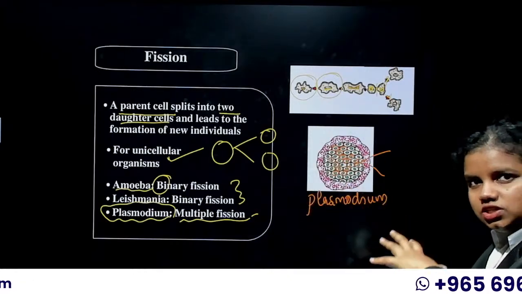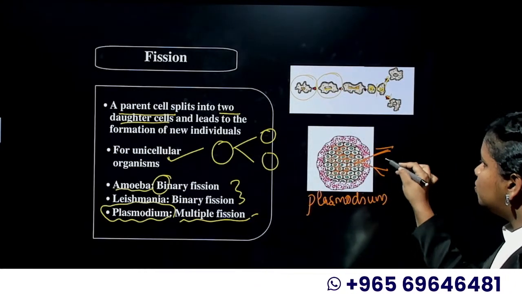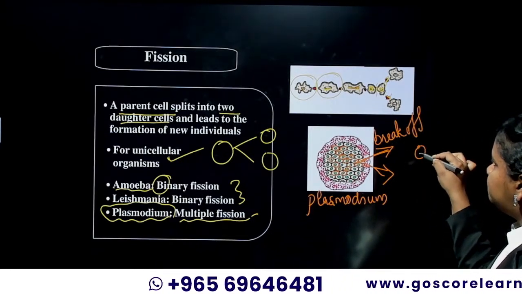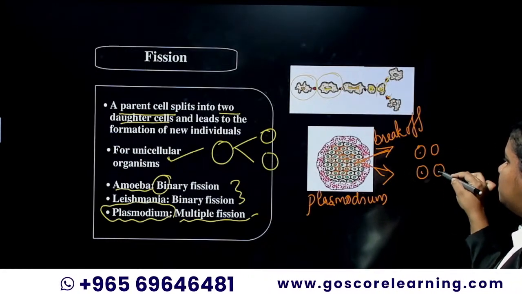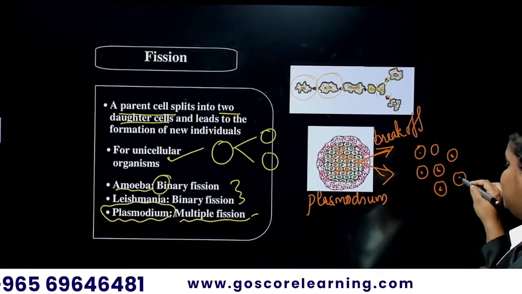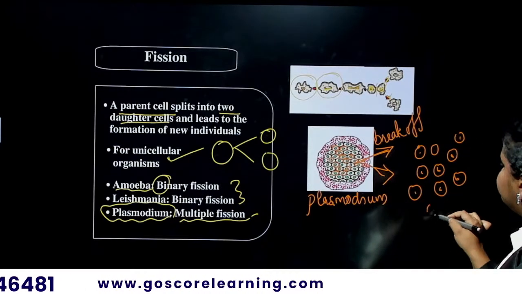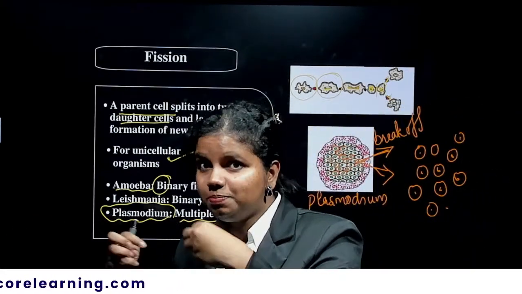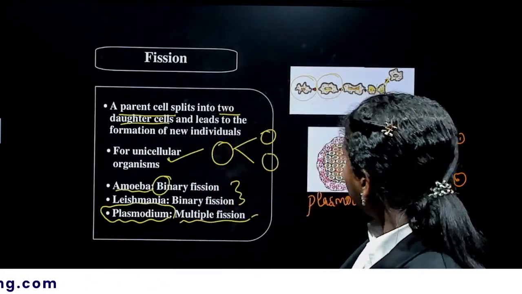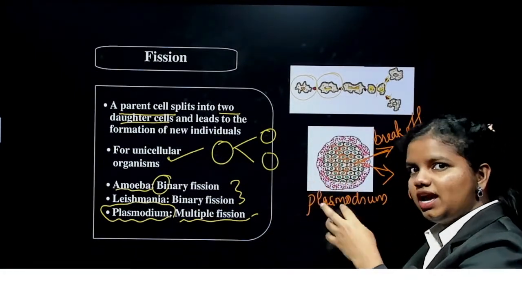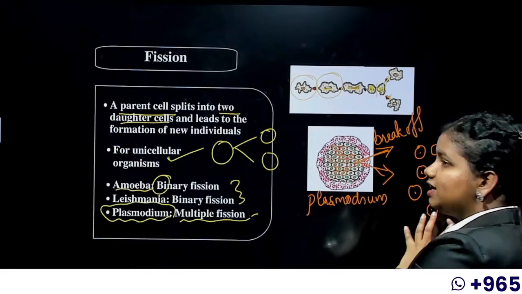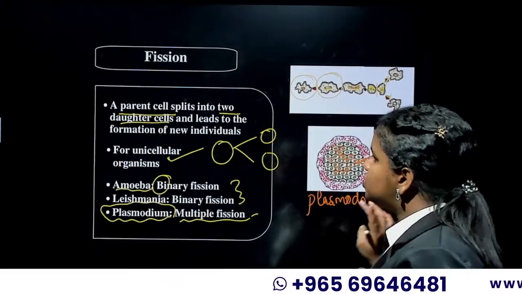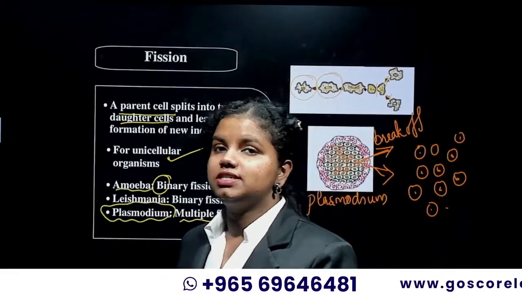Once the maturation is over, the cell membrane breaks off and multiple baby Plasmodium come out of it. So from one cell, multiple fission has happened, creating multiple baby organisms, offspring. Such a division is called multiple fission and it can be seen in Plasmodium.